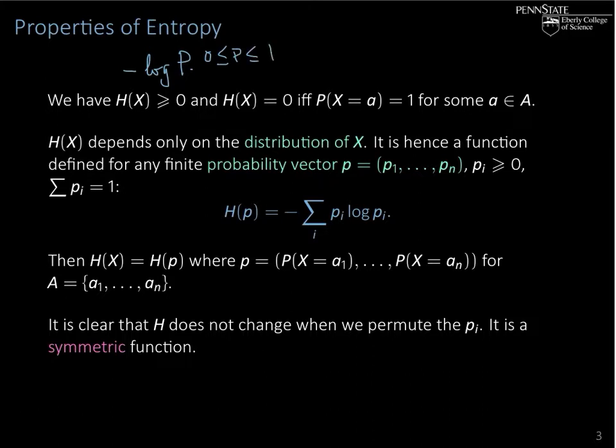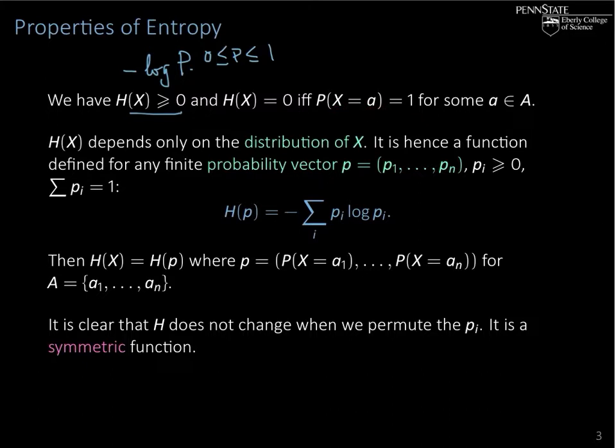So the logarithm of this is negative, so we take the negative logarithm and get a positive value, then multiply by a non-negative probability and sum everything up. So this is clear. And we also have that H of X is 0 if and only if one of the possible values has probability 1.